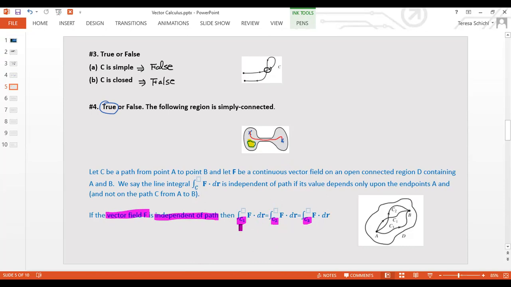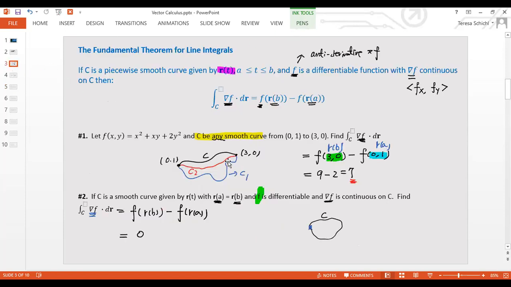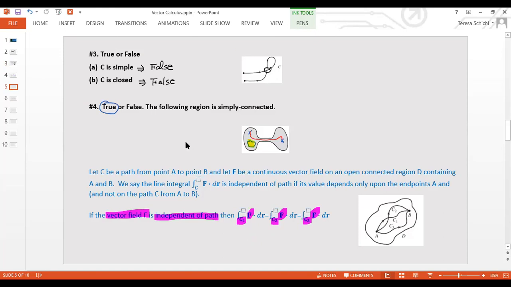Because based on the fundamental theorem of line integrals, if you can find F to be the gradient field of some function, like we did for the previous example number 1, then we say this is independent of the path. This definition is pretty straightforward.